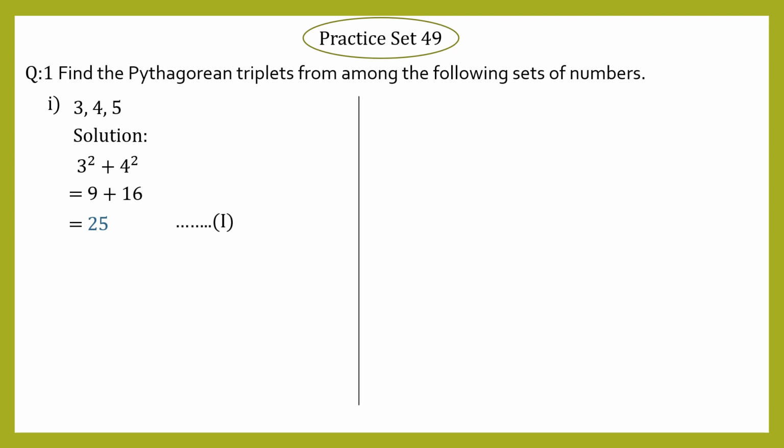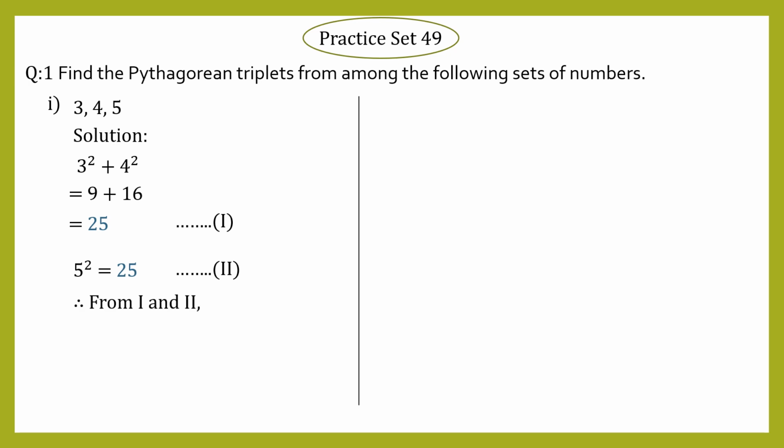Now let's take up the square of the bigger number, the largest number, that is 5. So 5 square is 25. We'll take this as the second equation. Now, dear children, just check what we get from equations 1 and 2. In equation 1, 3 square plus 4 square is 25, and in equation 2, 5 square also is equal to 25.